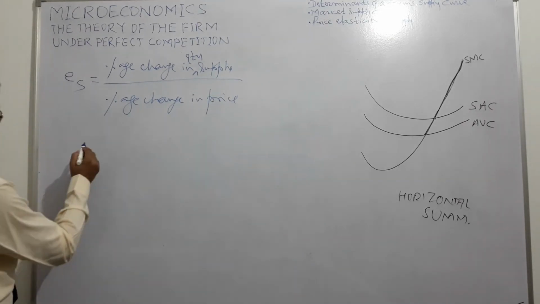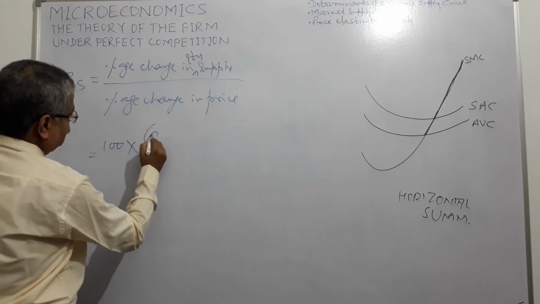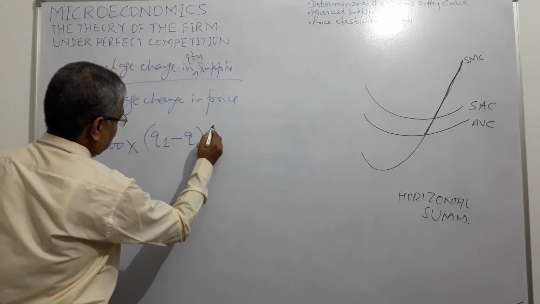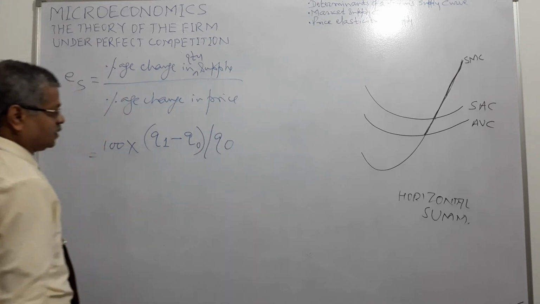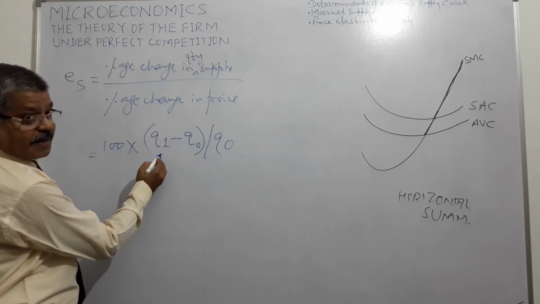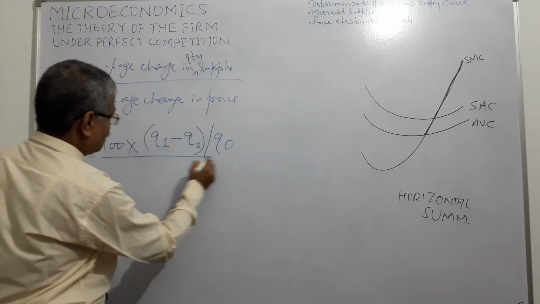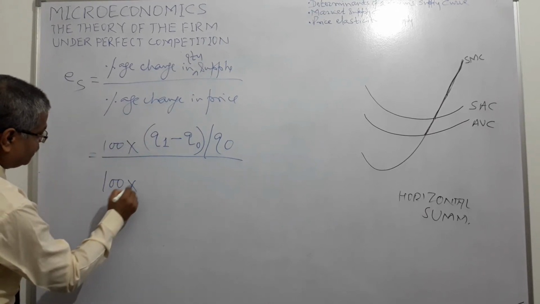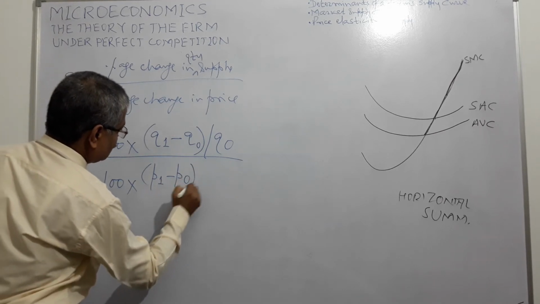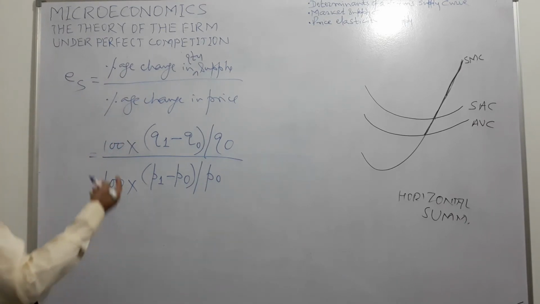Percentage change in supply is equal to 100 into (Q1 minus Q0) upon Q0, that is, 100 into increased supply minus original supply upon original supply, upon 100 into (P1 minus P0) upon P0. Very simple.